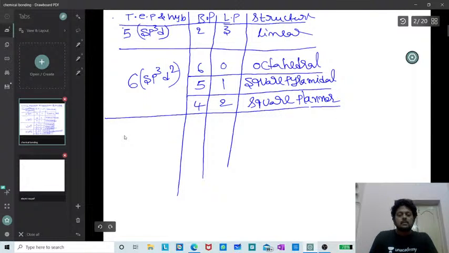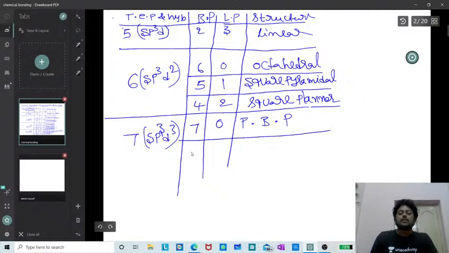Next, total electron pairs 7, 7 hybrid orbitals, sp3d3 hybridization. In that, the number of bond pairs is 7, 0 lone pairs, with a pentagonal bipyramidal structure.